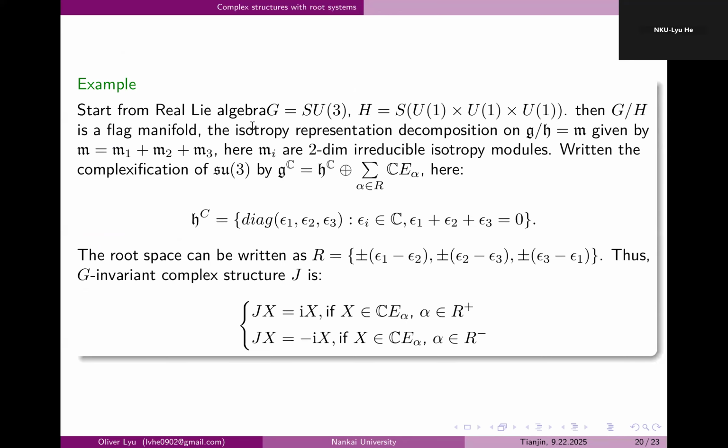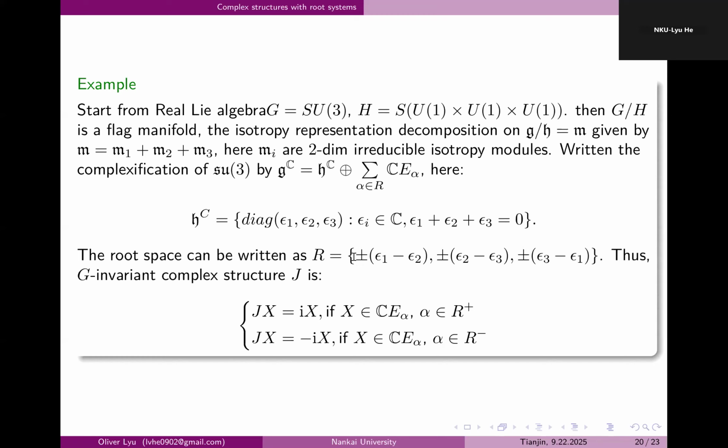Okay, here is the example. The SU(3) over T^2 case. Here, G mod H is a flag manifold, and the isotropy representation decomposes into three irreducible summands. Each of those M_i is irreducible and real two-dimensional. So we can write the complexification like this, and h is a Cartan subalgebra.